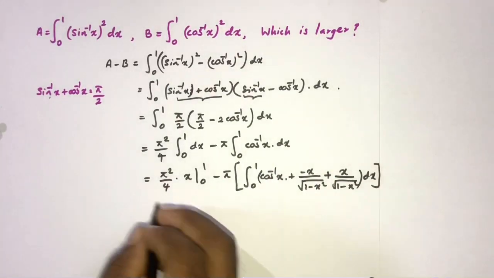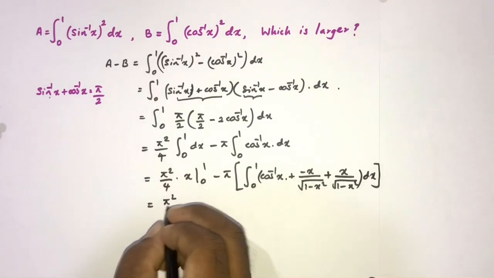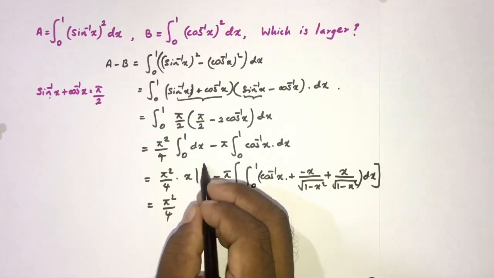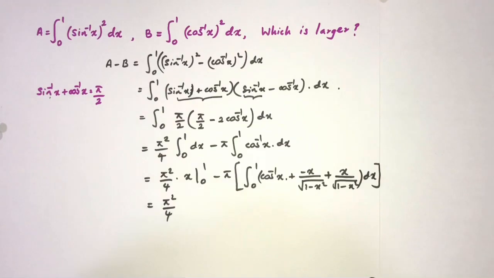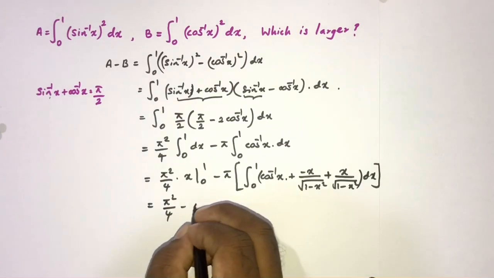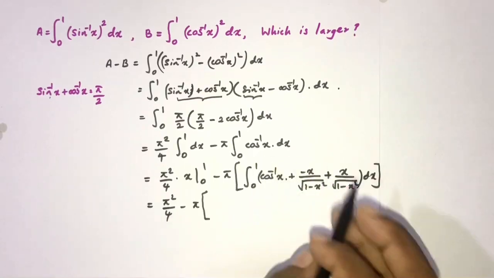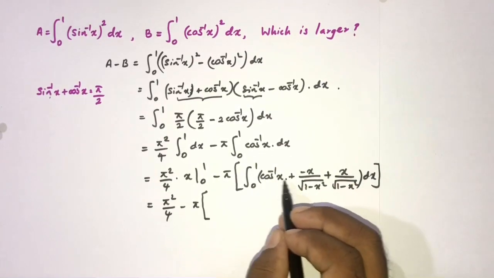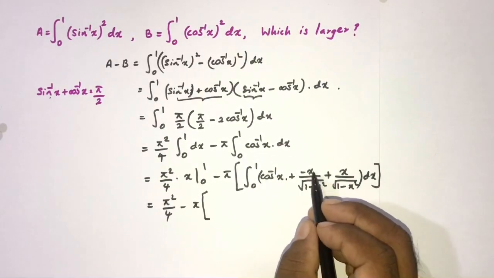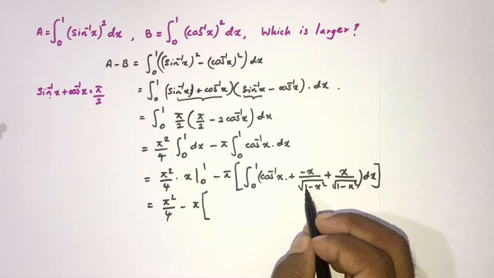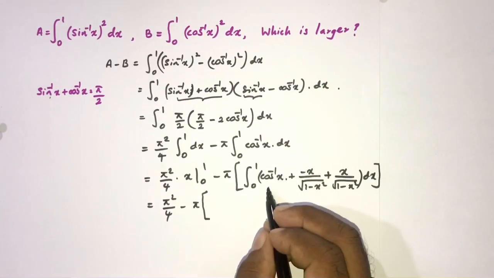Okay, then here we have pi over 2, because we know x from 0 to 1 is equal to 1. Then here minus pi, integral from 0 to 1 of inverse cosine of x minus x over the square root of 1 minus x squared.